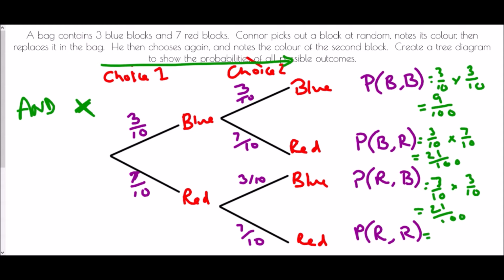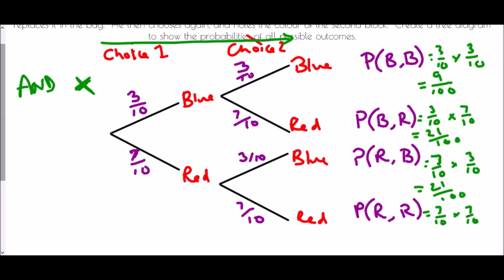And finally, the probability of getting red and then red, well, that is 7 out of 10 times 7 out of 10, which equals 49 out of 100. And so those are the probabilities of each possible outcome.